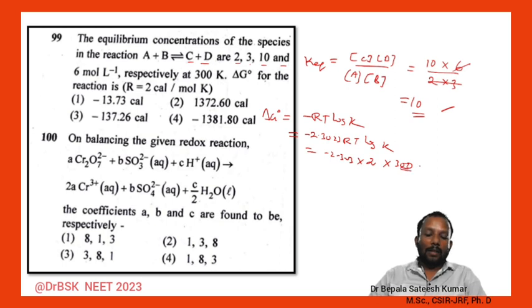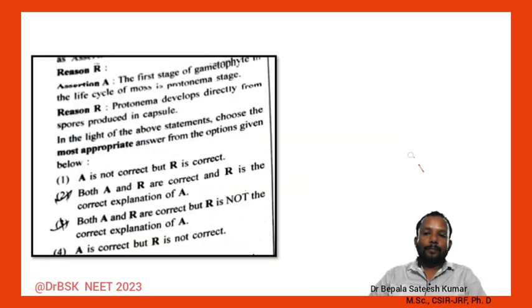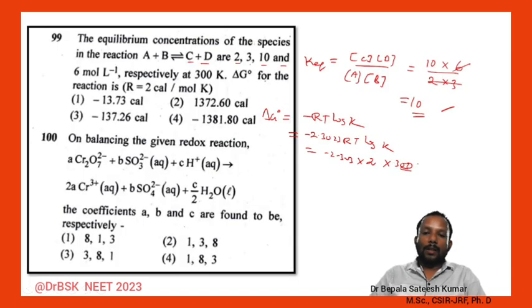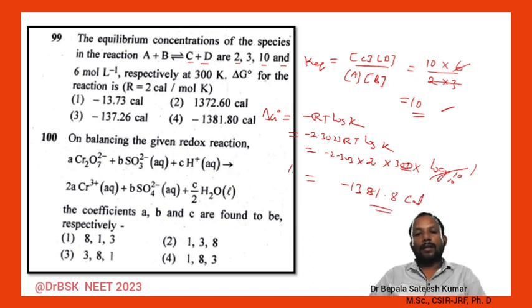So 300 into log 10, and log 10 is 1. Calculating all these values, the delta G value is minus 1381.8, or about minus 1380 calories. So option 4 is the correct one.